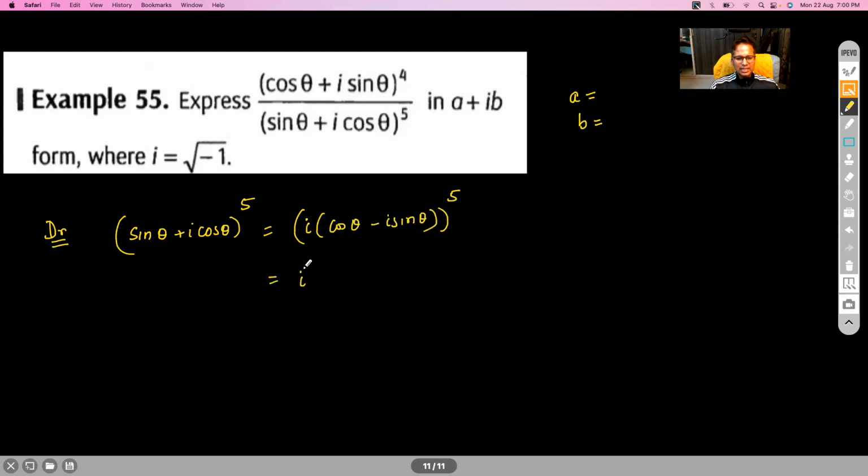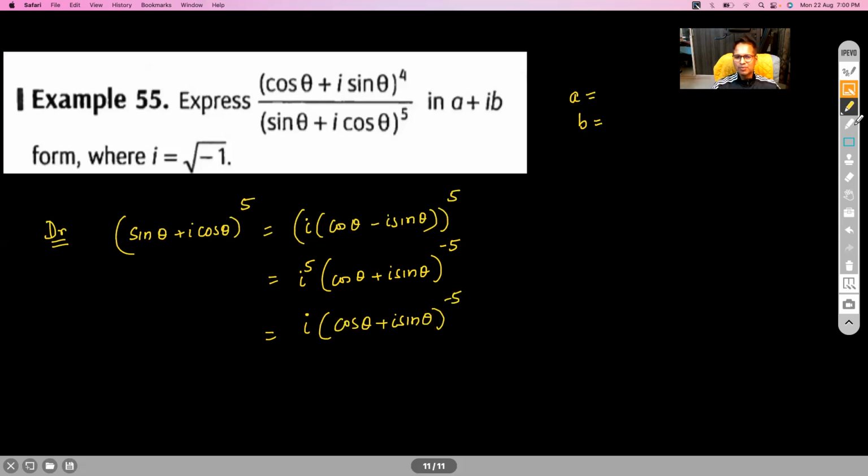If you open the brackets, it becomes i to the power 5 times (cos theta + i sin theta) to the power minus 5, because cos theta minus i sin theta is the reciprocal of cos theta plus i sin theta. So the minus power can be clubbed with 5. And i to the power 5 is just an i. So your denominator finally simplifies to this expression.